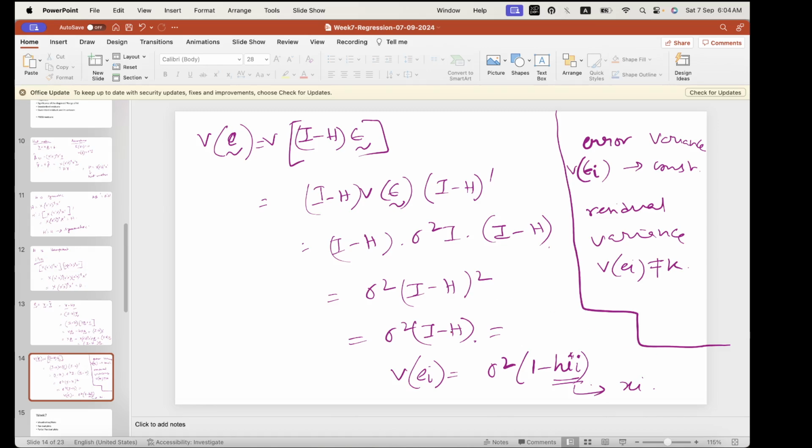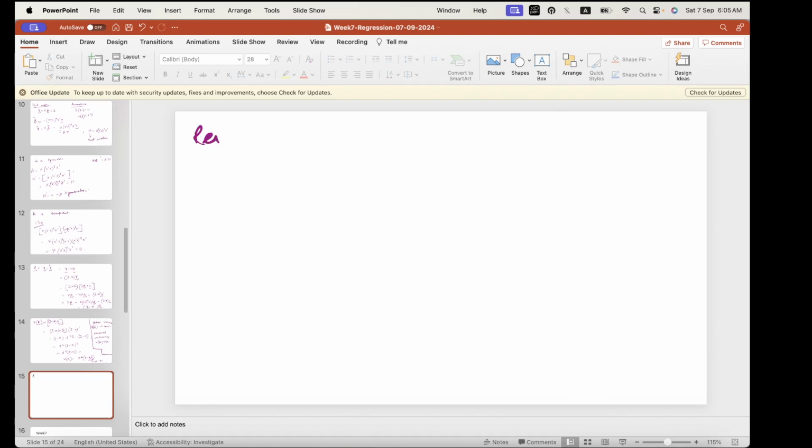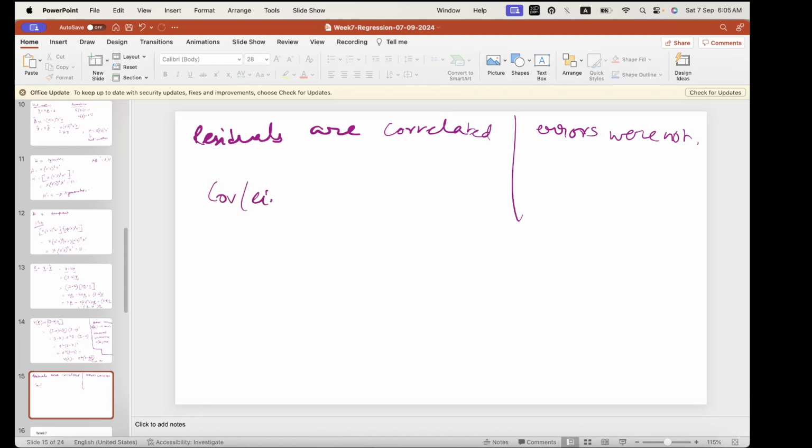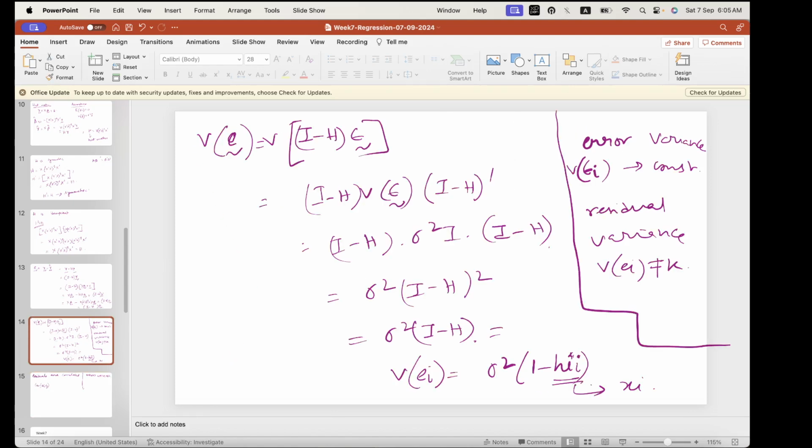So from here another observation is that since this is I − H, we find that the residuals are correlated. Errors usually are not. But the residuals that we have are correlated, because the variance of e is equal to σ²(I − H).